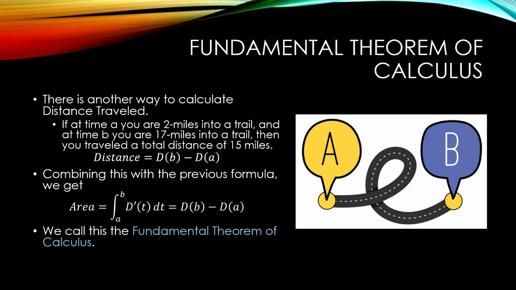When we include this with the previous formula, we get that area, the integral of d prime of t dt, is just equal to your distance at your endpoint minus your distance at your starting point. In calculus, we call this the fundamental theorem of calculus. It gives us a way to find the area under any curve.